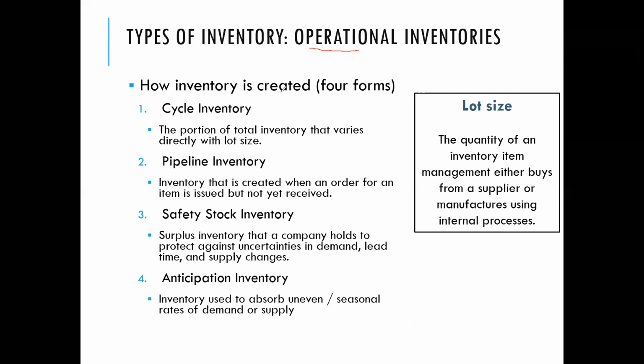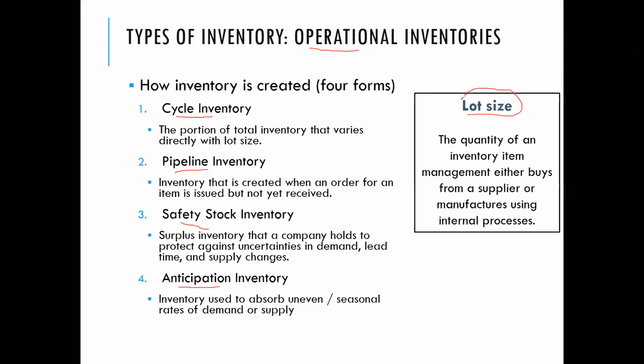There are 4 forms of inventories in operations management, and those 4 forms are cycle inventory, pipeline inventory, safety stock inventory, and anticipation inventory.